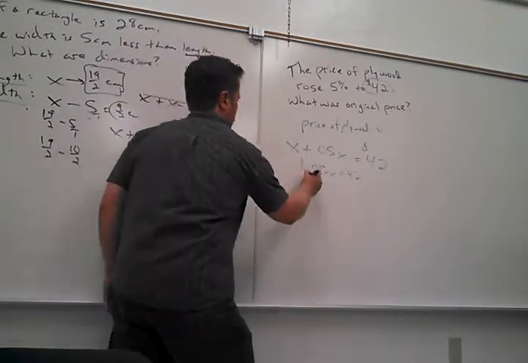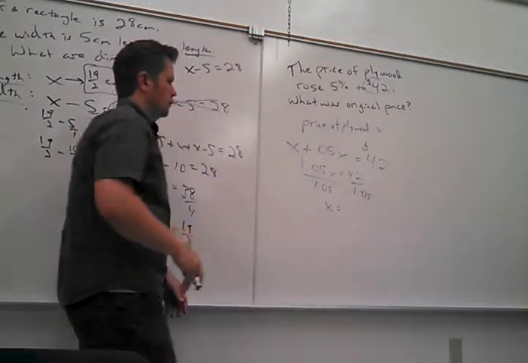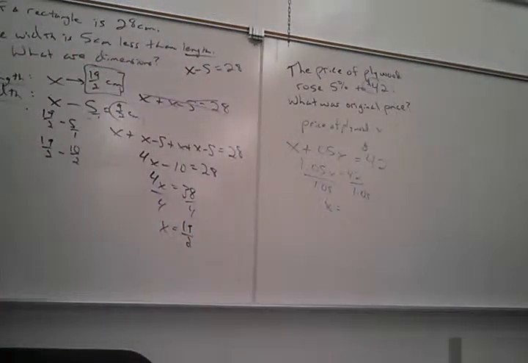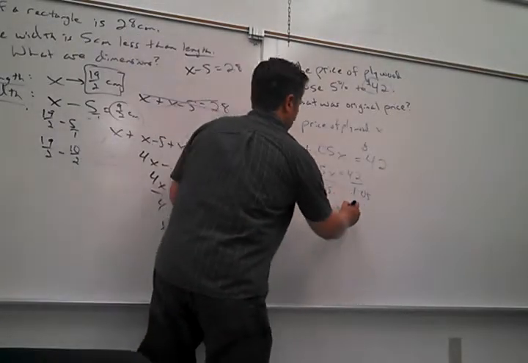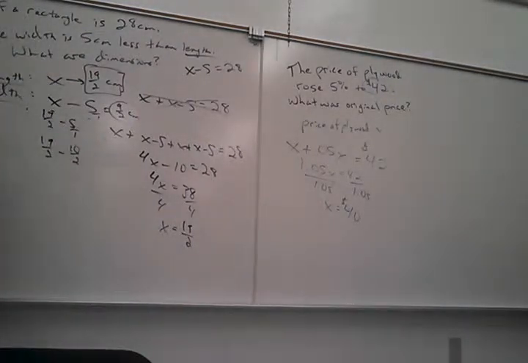Divide. $40? There's a long way to go for a nice round number.